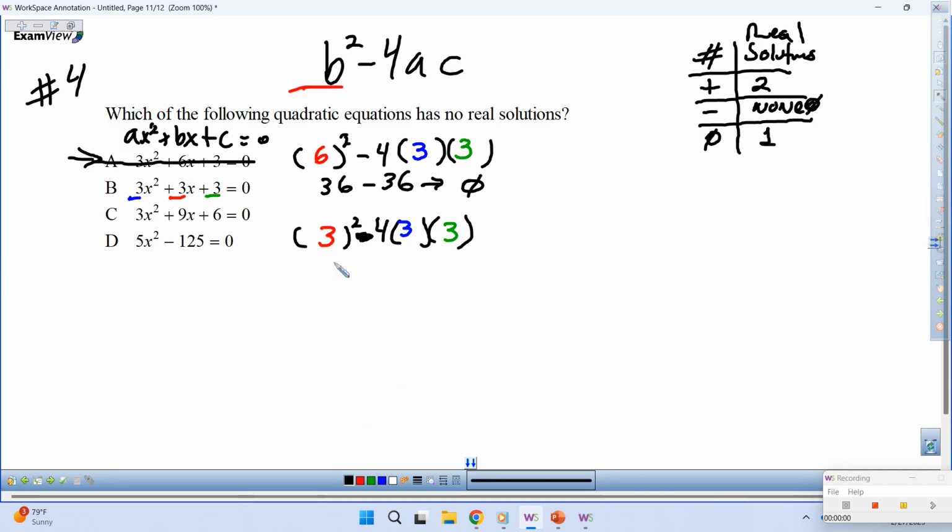Alright, here we go. This is 9. Negative 4 times 3, that's 12, times 3, that's negative 36. So negative 36 and 9 gives me negative 27. What kind of number is this one? Negative. So no real solutions. The correct answer on this one is B.